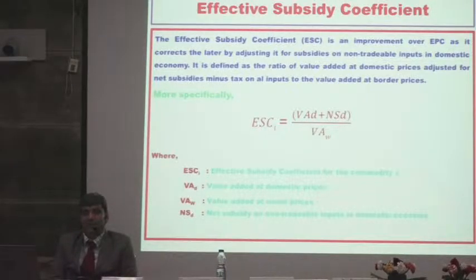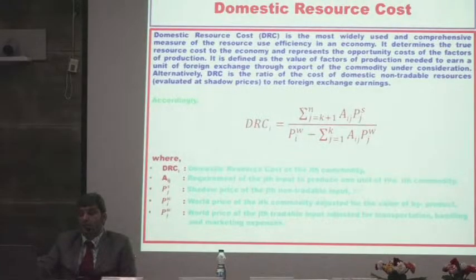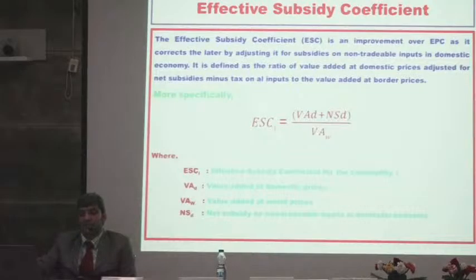In NPC, we consider only the prices of the commodity rather than the input. In the effective protection coefficient, we consider the input prices for tradable goods. But in the effective subsidy coefficient, we consider the input prices for both tradable and non-tradable input. Its value may be greater than 1, less than 1, or equal to 1, and it has a similar interpretation as the NPC and EPC.